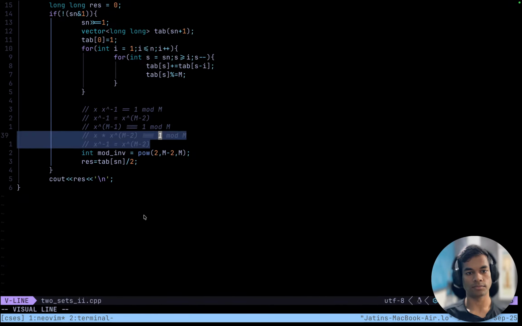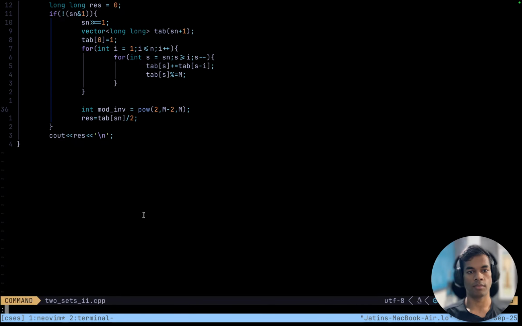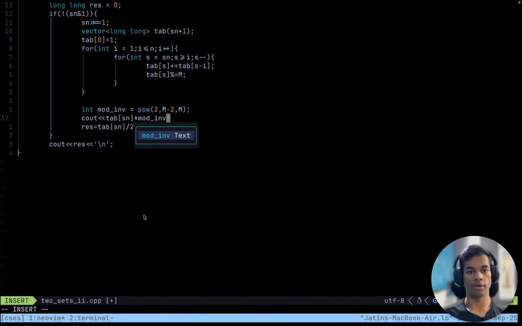And look at this. So earlier we had this, right? Or let me write both of them. Cout tab sn multiplied by mod inverse and take its modulus with m.